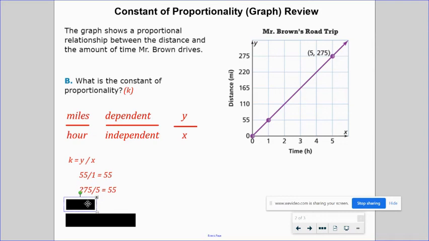And this means that 55 is happening over and over again. And we already knew this would happen because Mr. Brown drives 55 miles per hour. So in order to find our constant of proportionality, given a graph, we are going to take pieces of information and take their y value and divide it by x.